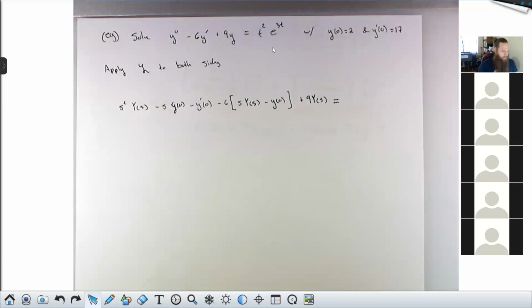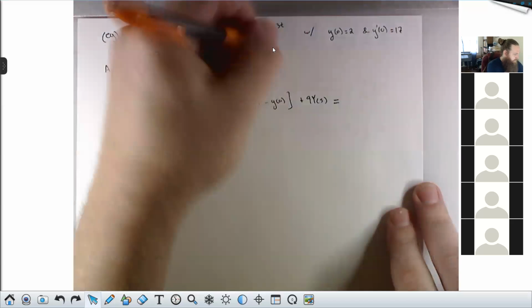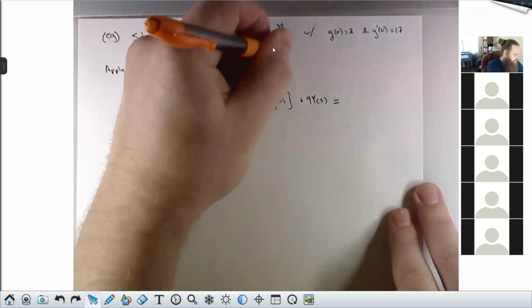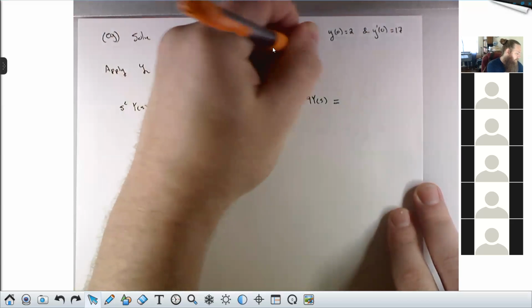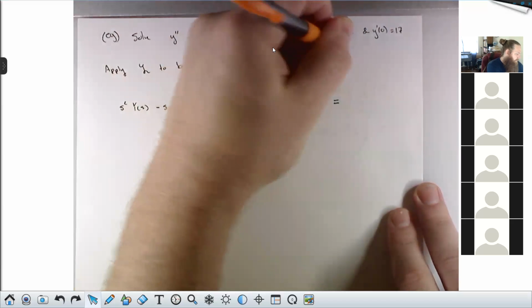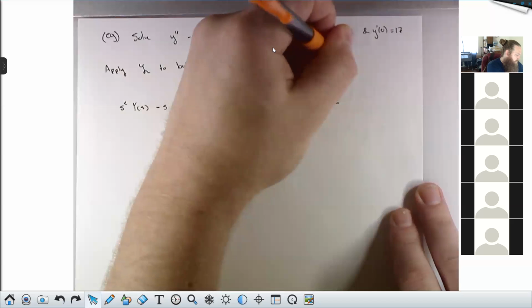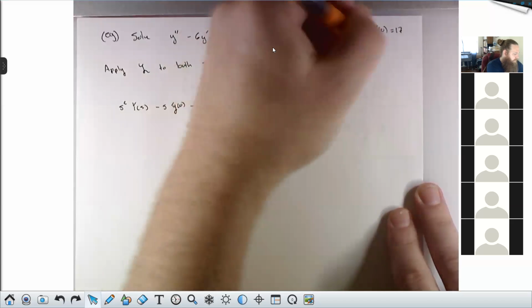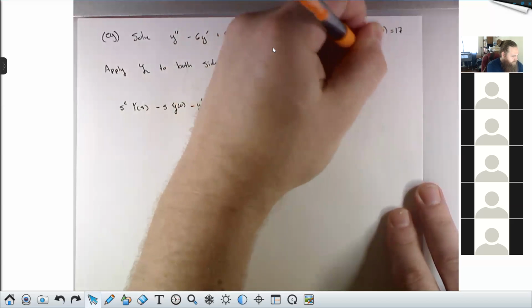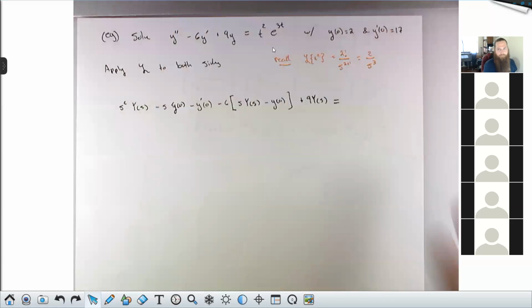So the Laplace transform of t squared is 2 factorial over s to the 2 plus 1, which is 2 over s cubed. So the Laplace transform of t squared e to the 3t is this, but with s swapped for s minus 3. Again, just this theorem.